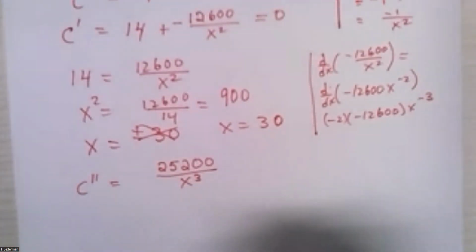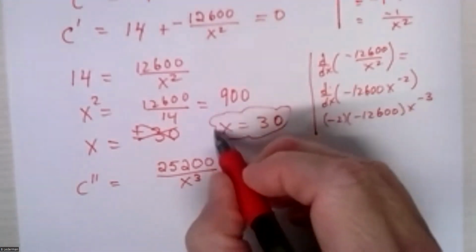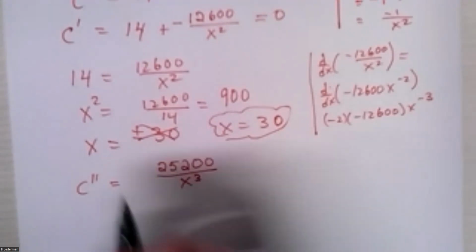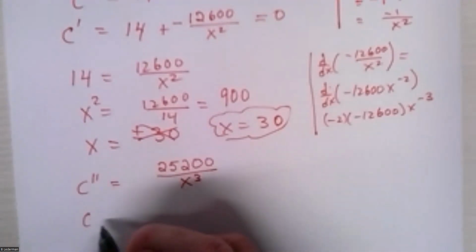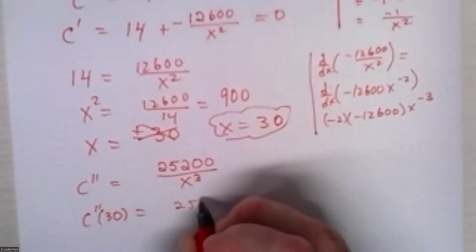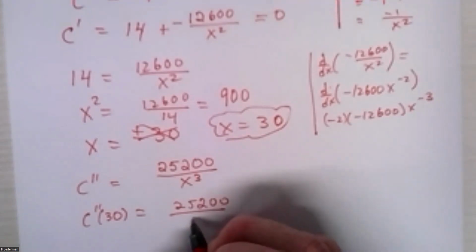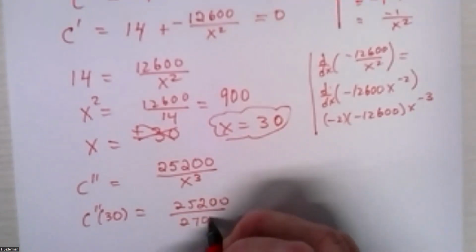I just have to test it when x equals 30. So c double prime of 30 is equal to 25200 over 27000.